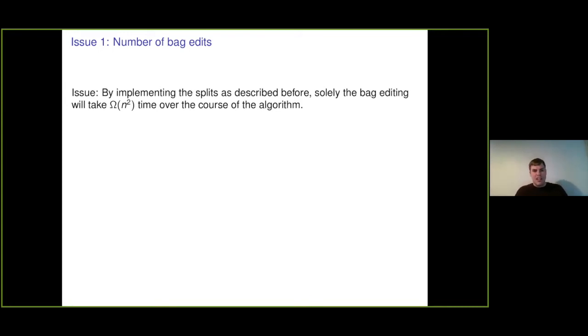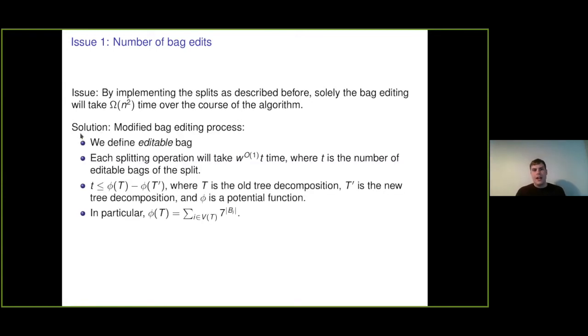So by implementing the splits, like we described, by editing the whole tree decomposition, just the bag editing process will take at least quadratic time over the course of the algorithm. And how we solve this issue is that we modify this bag editing process.